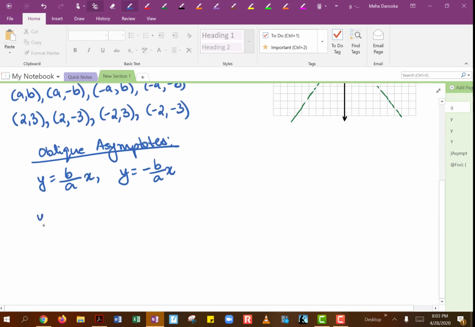So that means we have y equals 3/2 x and y equals negative 3/2 x. So that's going to be our oblique asymptotes.